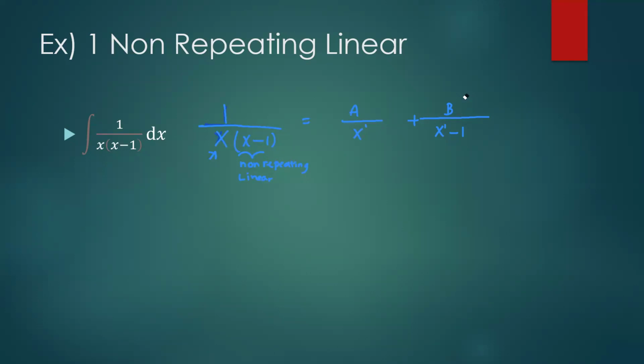Okay, then what you have to do is solve for A and B. And how will we do this? By multiplying all three sides by the LCD, right? So what do you think our LCD is going to be? If you said x times x minus 1, you are correct. So you're going to multiply all three sides by that.